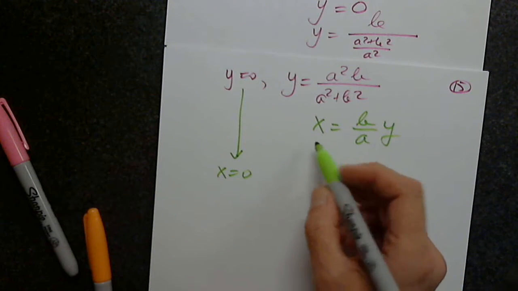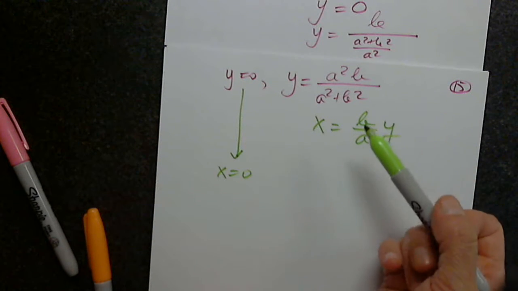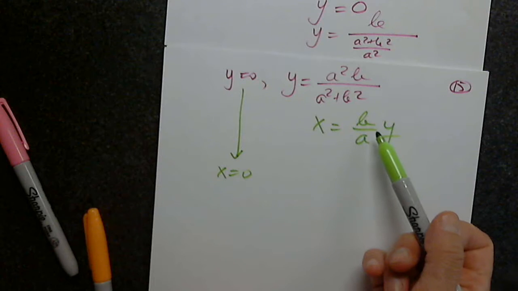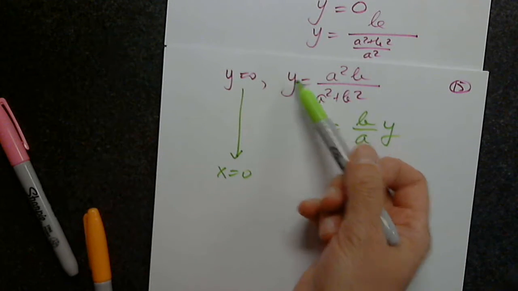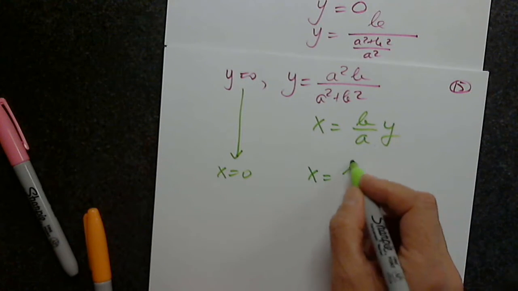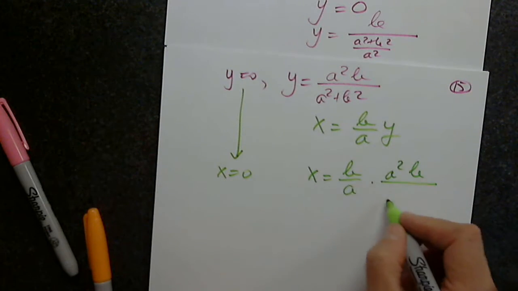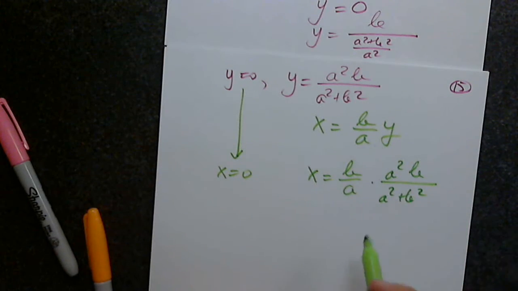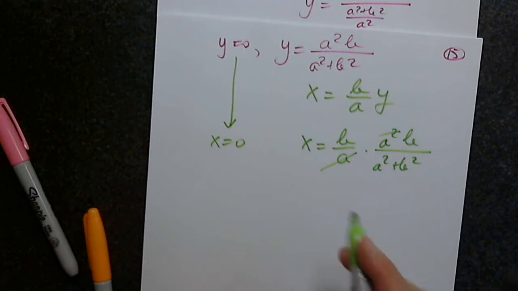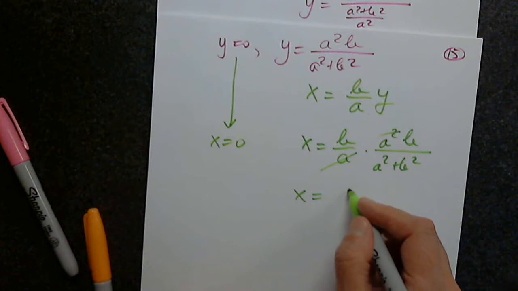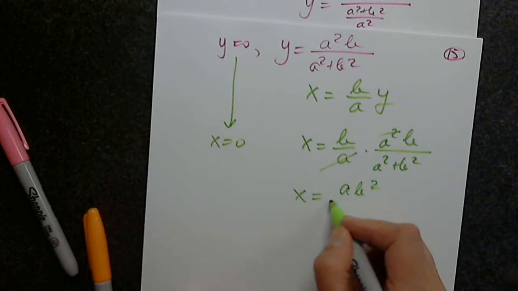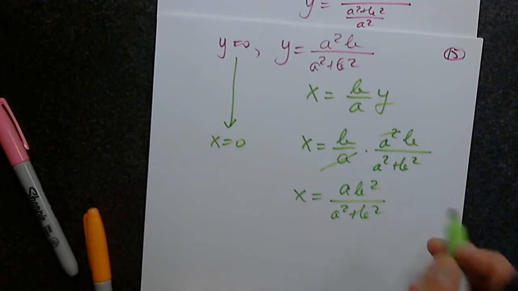So now when x is b over a times y, b over a times a squared b over a squared plus b squared, I simplify an a with an a, so then x becomes a b squared over a squared plus b squared.